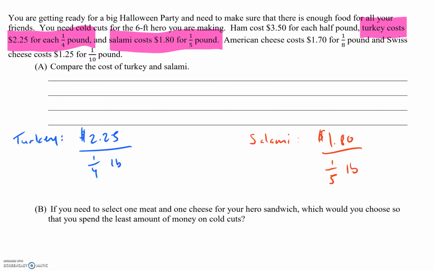Turkey, you divide the top and bottom by the bottom number. So on the bottom we have 1 pound. Up top we have $2.25 divided by 1/4. You could keep change flip, or you could rewrite it as $2.25 divided by 0.25. Regardless, you should get $9. Okay, and for salami now, you divide the top and bottom by 1/5.